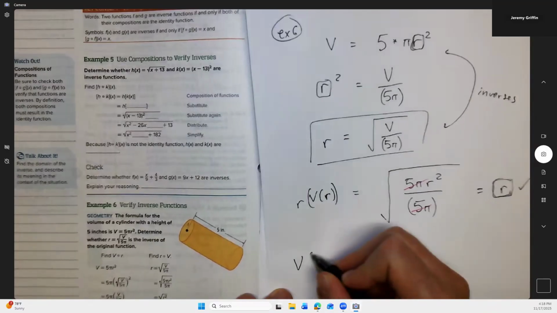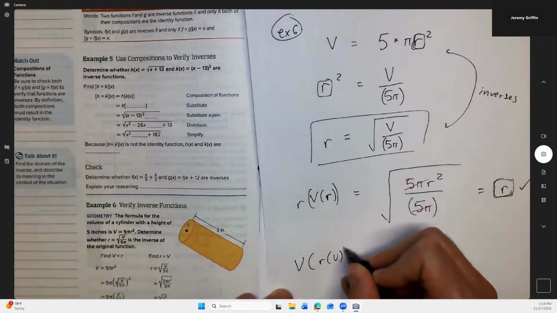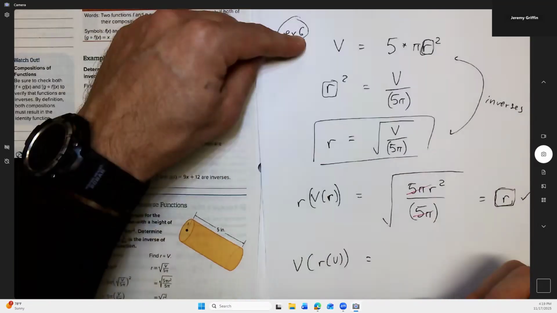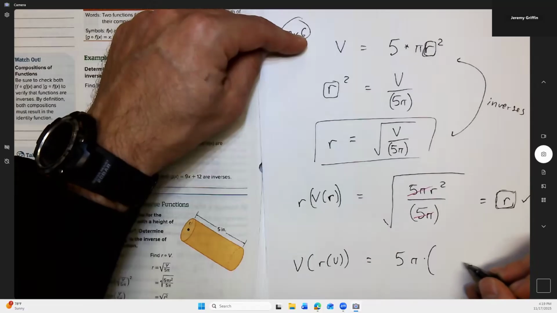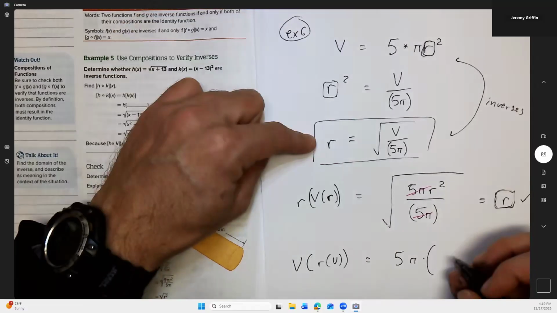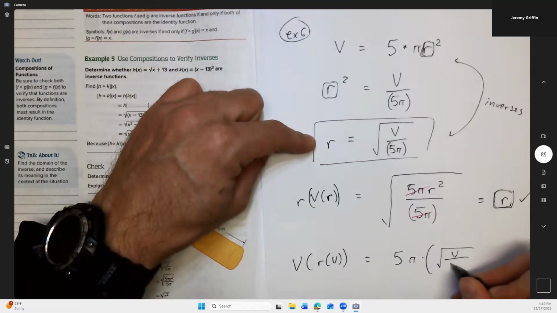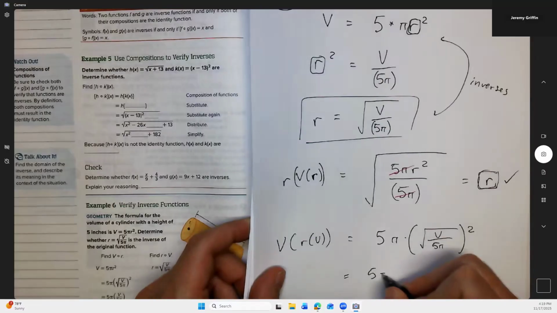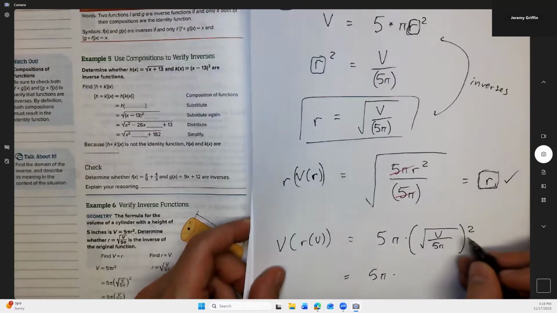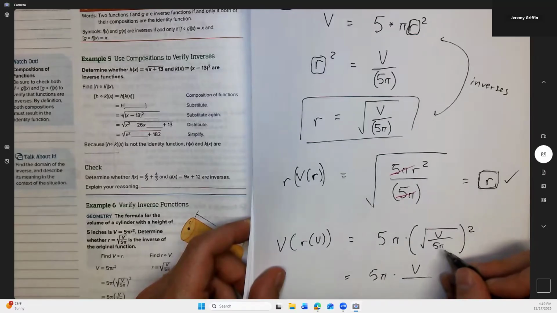What if I take the volume of the radius as a function of volume? The volume of something, that's what we started with, is 5 pi radius squared. But I'm not going to write radius for the radius. I'm going to say radius as a function of volume is the square root of volume over 5 pi, and that's what's being squared. So the square root of the volume being squared is the volume, and 5 pi times it is 5 pi.